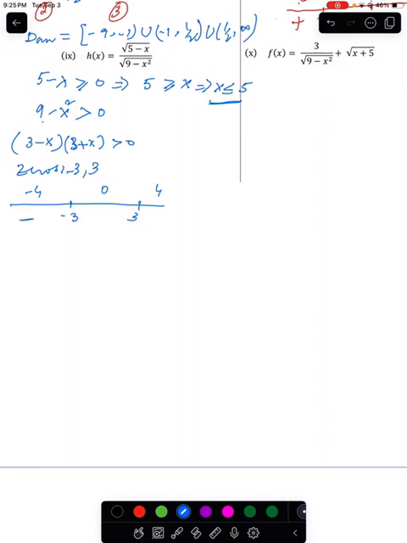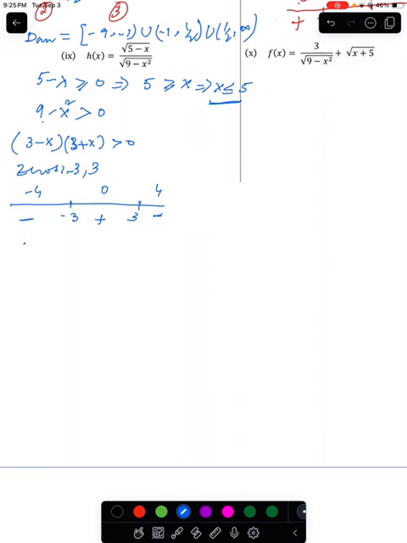So I will have a negative sign over here. When I plug in 0, I will get a positive sign. And when I plug in 4, I again get a negative. So I had to have it greater than 0.